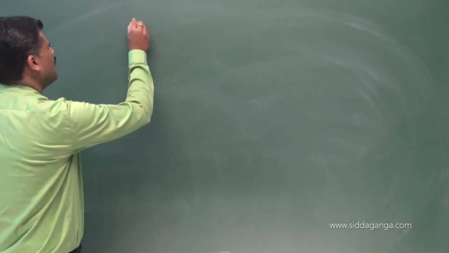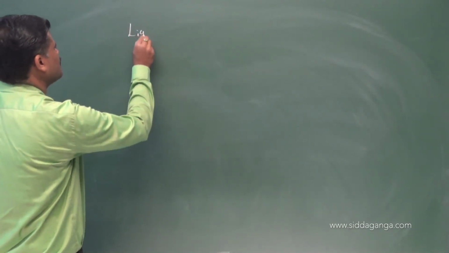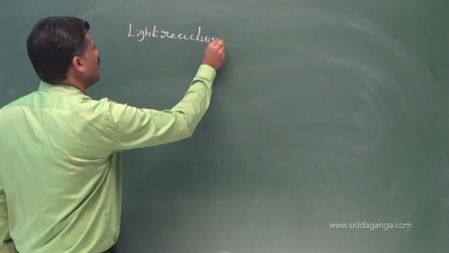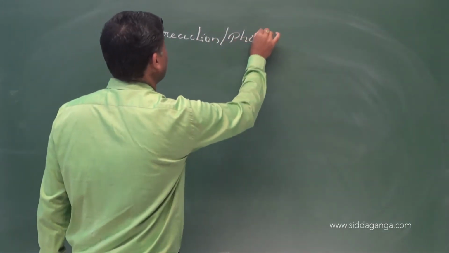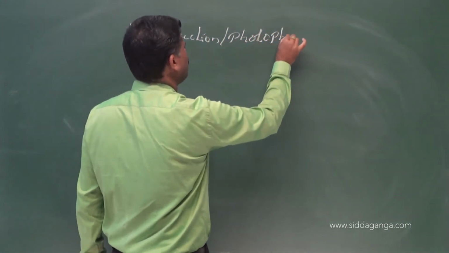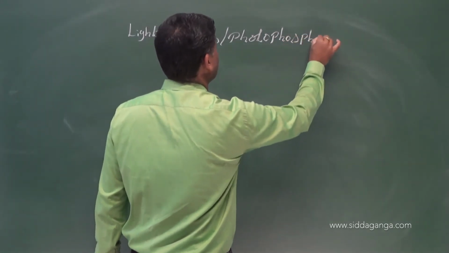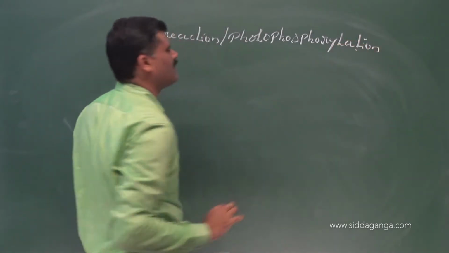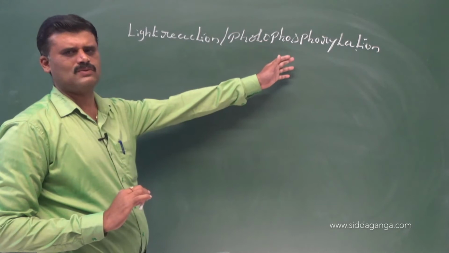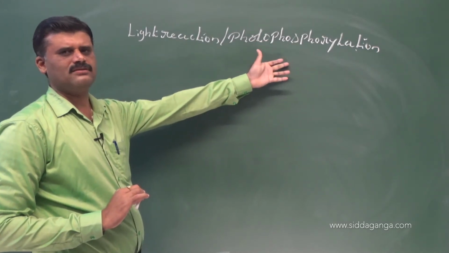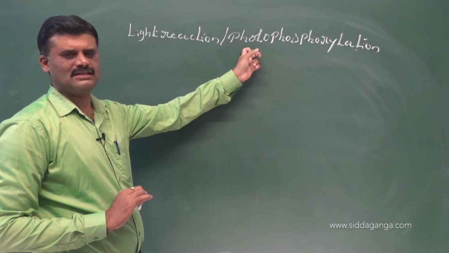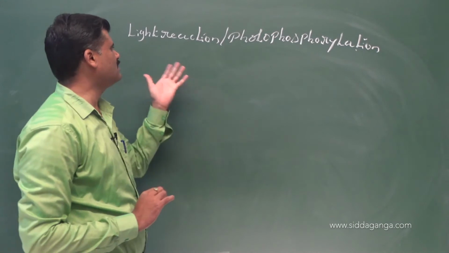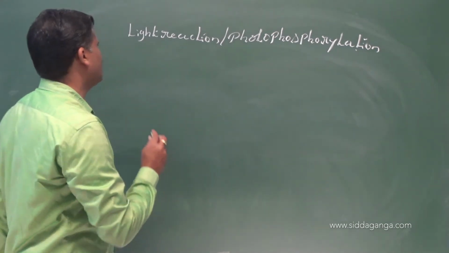Next, light reaction, or photophosphorylation. The name itself indicates phosphorylation, formation of ATP by utilizing the light energy. So here energy rich molecules, chemical energy, is produced. That is the first step of photosynthesis, the light reaction.